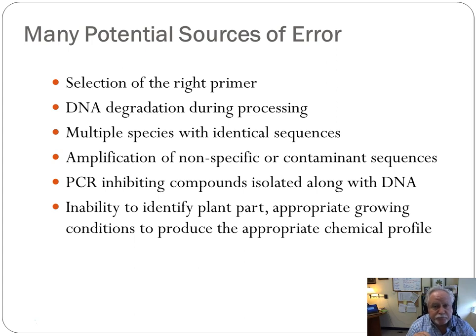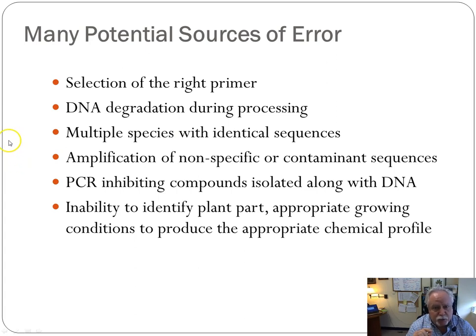But what ends up happening is when we process herbal medicine, and particularly when we do extracts of them, we're actually trying to pull out the phytochemicals, we degrade the DNA so that very little is left. Often you'll have multiple plant species with the identical sequence in that part of the DNA that they're trying to use for the ability to differentiate the barcoding area.